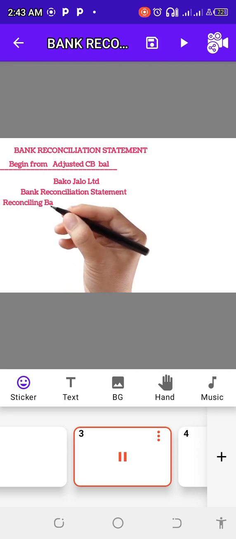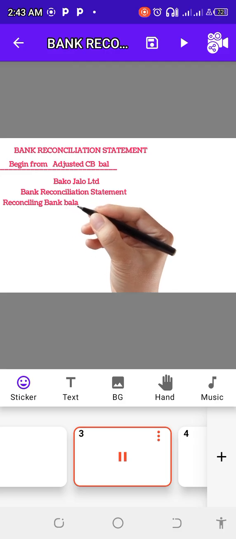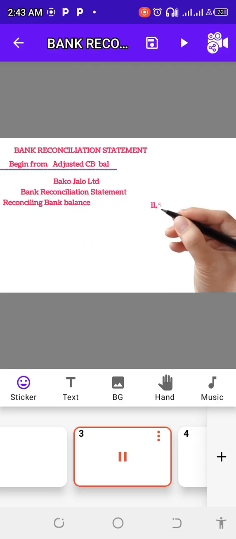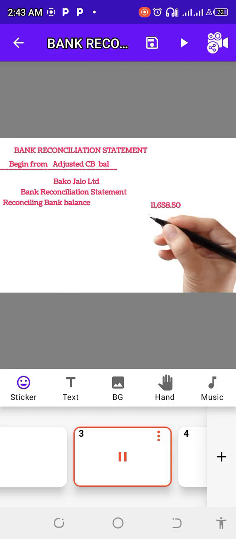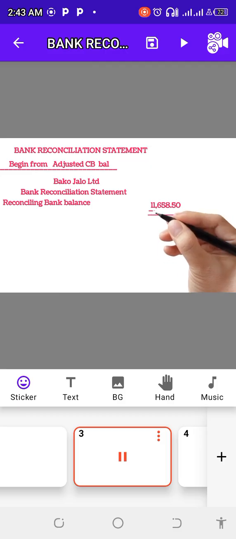So that is why we say reconciling bank balance is 11,658.50. That is the figure we are going to arrive at when we do our reconciliation.